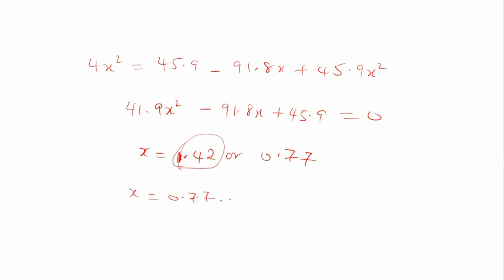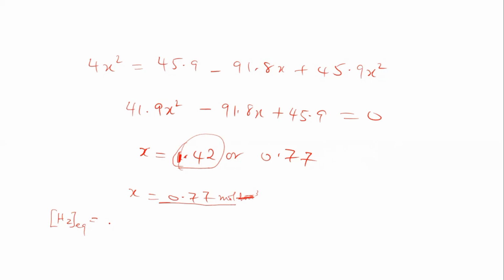Okay, so therefore, we put it into the equation. So we already know that the concentration of hydrogen at equilibrium is also equal to, okay, sorry, this one should be in mole, so calculate it in mole.